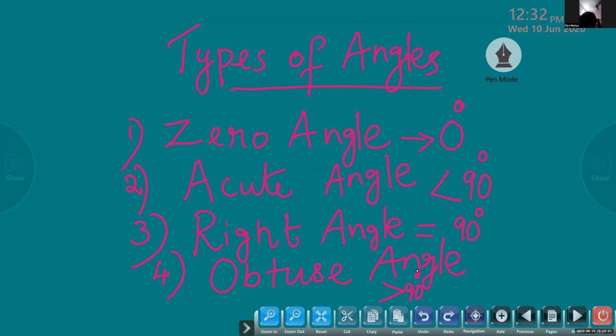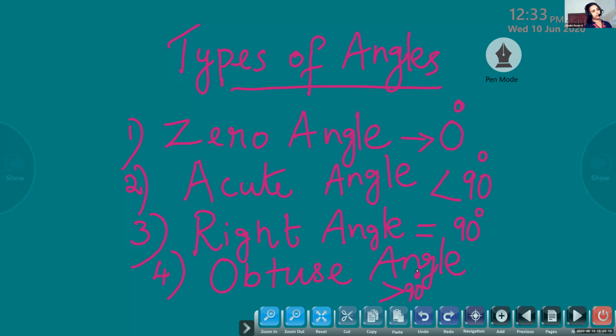Okay, so we have discussed today different types of angles. What are they? Zero angle, acute angle, right angle, obtuse angle. What is the degree measure of zero angle?